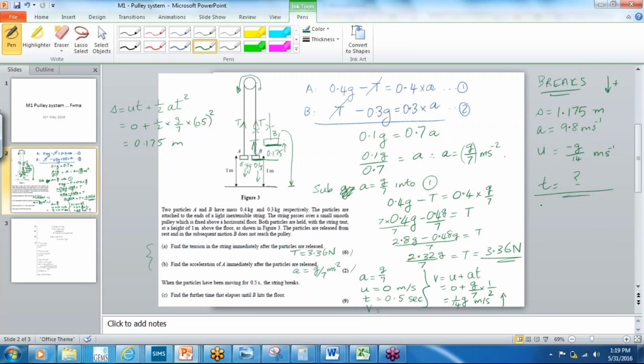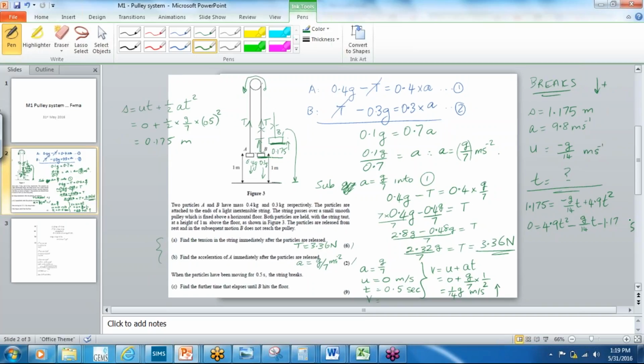So here we have S equals ut plus half at squared. We have a quadratic, 4.9 t squared minus g over 14 t minus 1.175. Okay, let's just write that again.